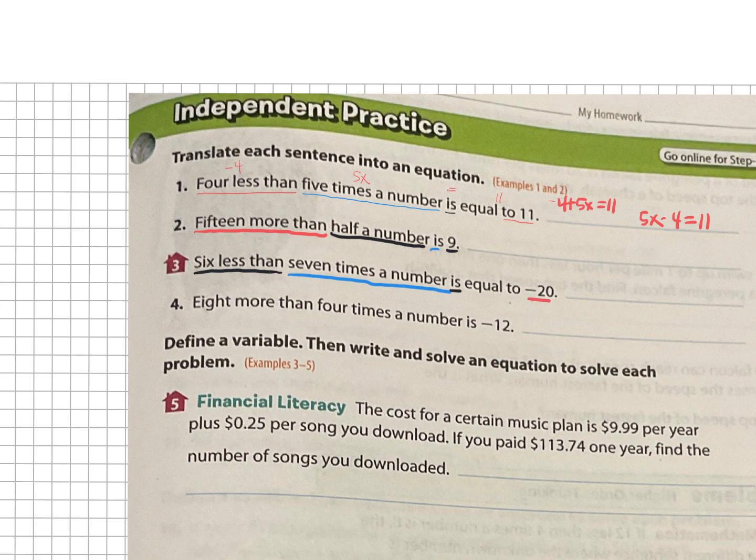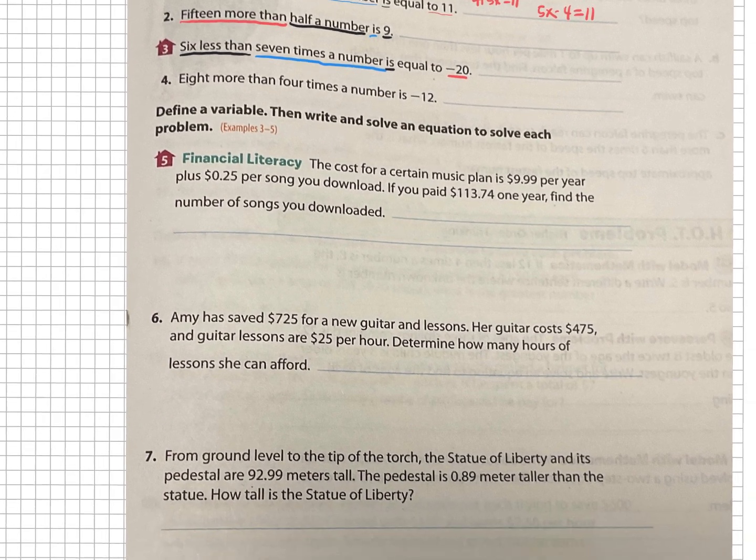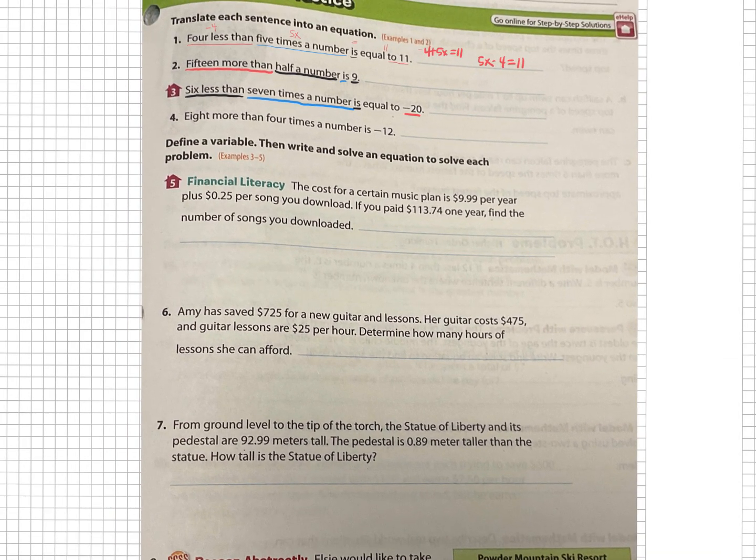Negative 20. All right. 8 more than, you should be able to do that. 8 more than, okay, that's something. 4 times a number is something. And negative 12 is something.